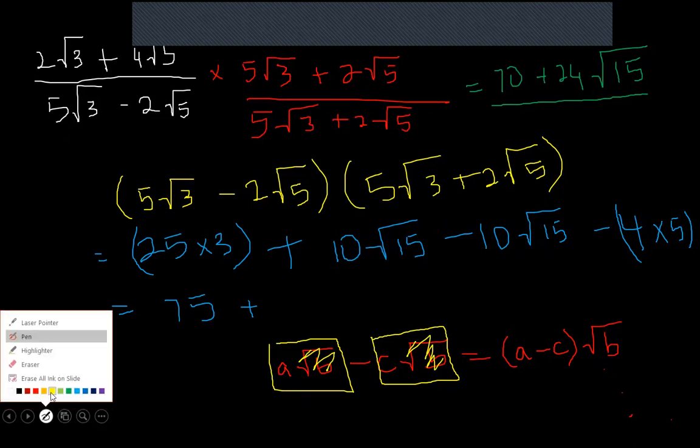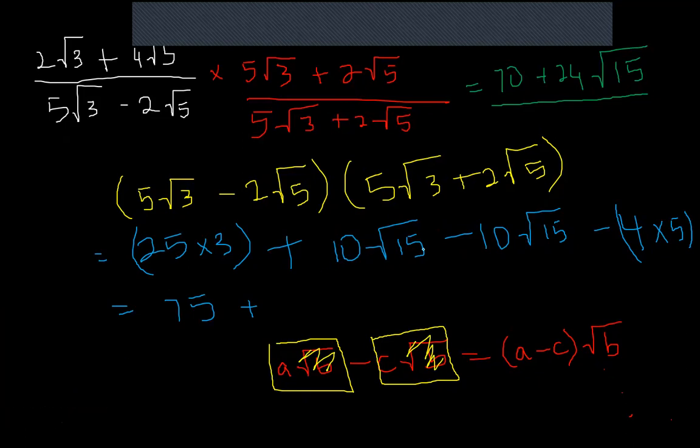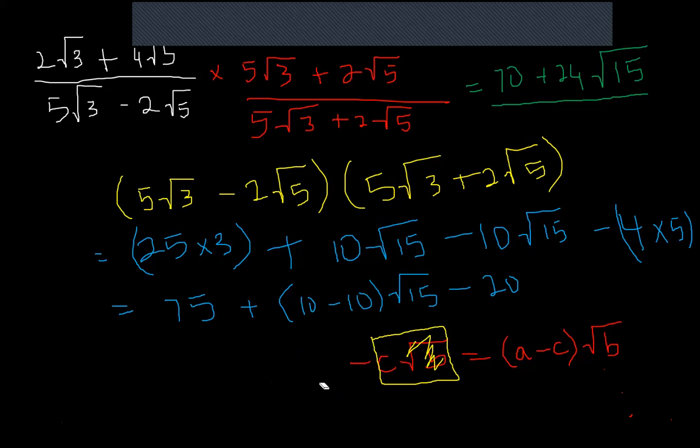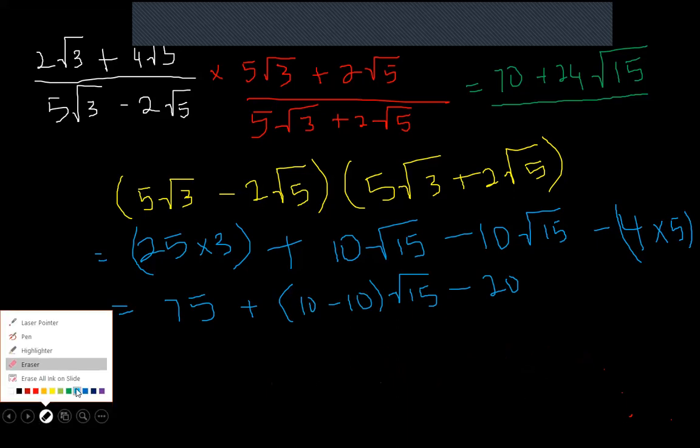So now back to our example. 10 root 15 minus 10 root 15. According to this rule, it would be 10 minus 10 root 15. And then we know that 4 times 5, that's 20. So this is just for me to show you why these here would cancel. 10 minus 10, that's 0.